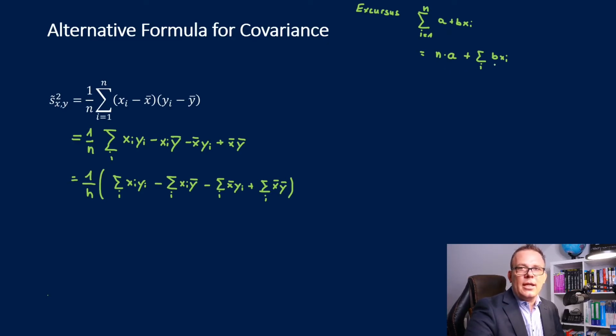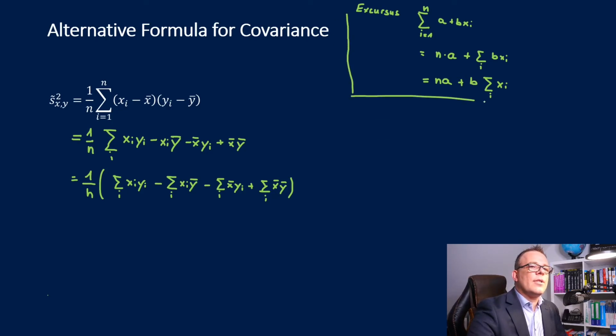And now the b is only a coefficient to xi, so we can take it out of the sum sign, just like n a plus b times the sum across all i, xi. All right, so this was our excursus, and now we apply this knowledge to the formula at hand.